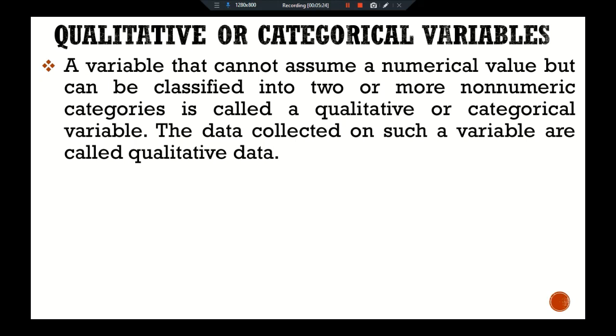For example, the status of an undergraduate college student is a qualitative variable because a student can fall into any one of four categories: freshman, sophomore, junior, or senior. Some other examples of qualitative variables are the gender of a person, the brand of a computer, the opinion of people on a certain National Assembly member, and the like or dislike of a person for a particular car brand.